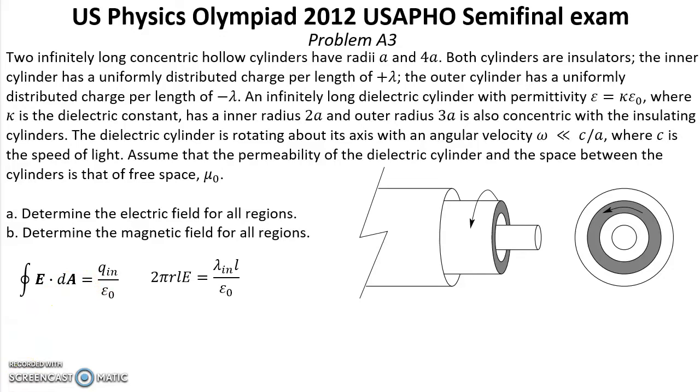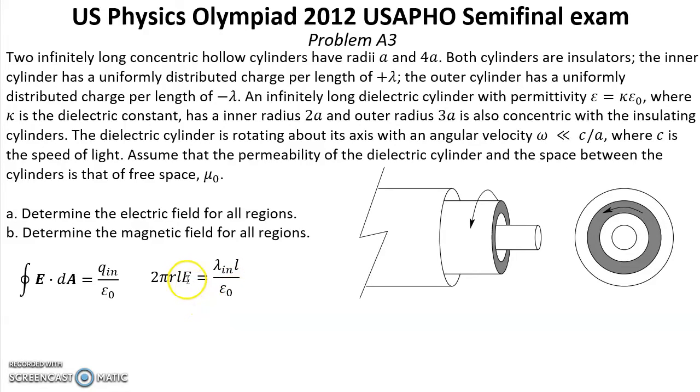Because the electric field is radial, Gauss's law is equivalent to this formula: the electric field multiplied by the side area of this cylinder equals the linear charge density inside of this cylinder multiplied by the length of this cylinder and divided by epsilon 0.